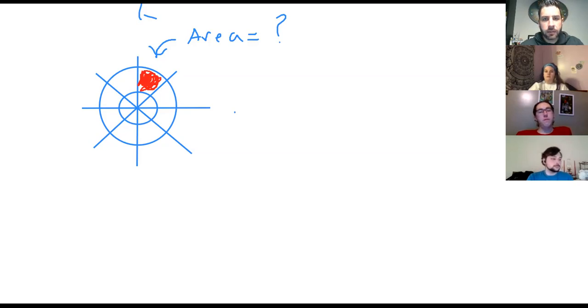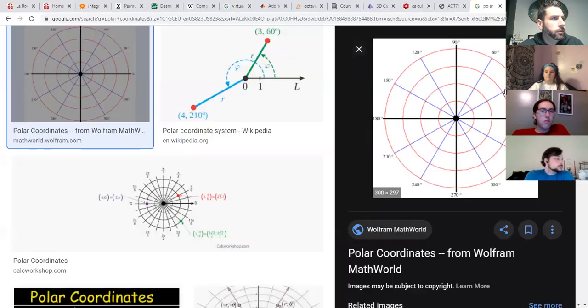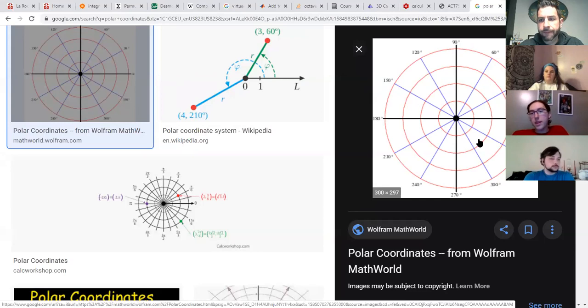Still the whiteboard. Okay, good, because I'm going to show you a web page. Do you see on the right this polar coordinates image? This is much better than what I drew, but you get the idea.